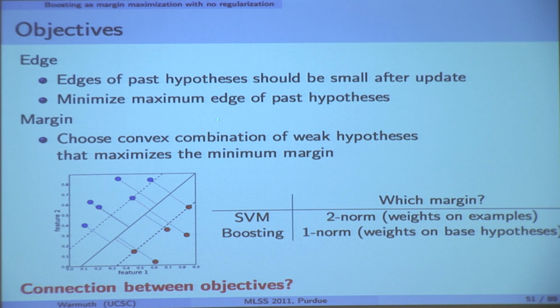And you minimize the maximum edge. So that's the loss. Minimize the maximum edge. So it's a min-max. It's complicated. In the dual domain, you will see in a moment, you choose a convex combination of weak hypotheses that maximizes the minimum margin.